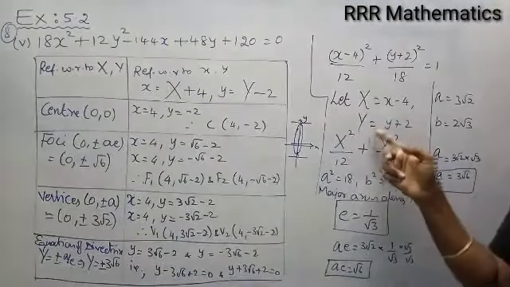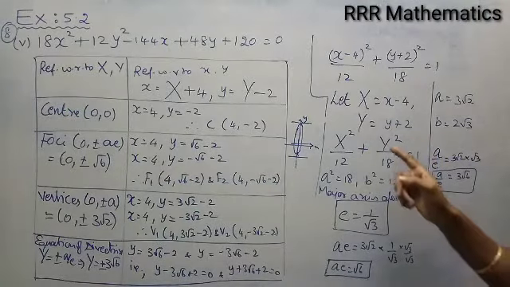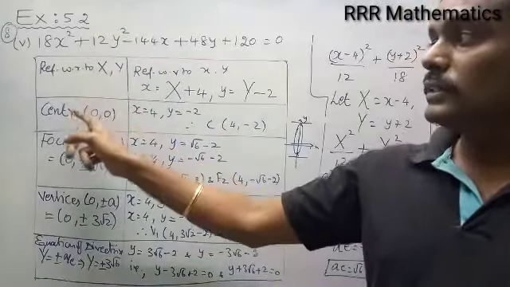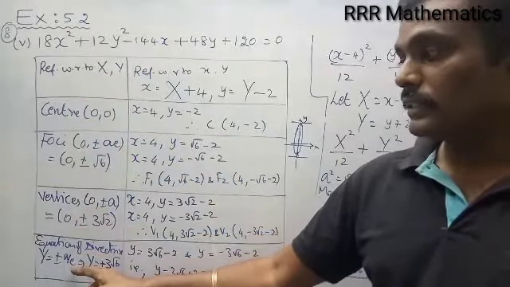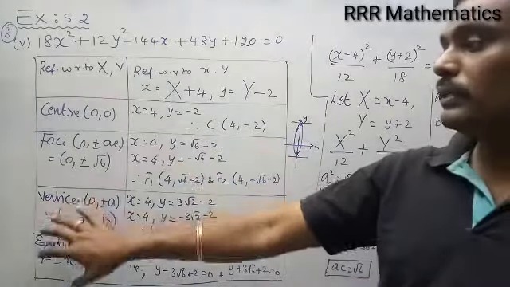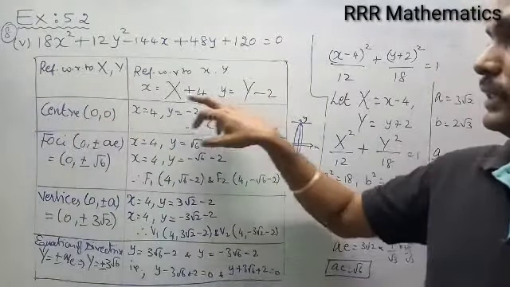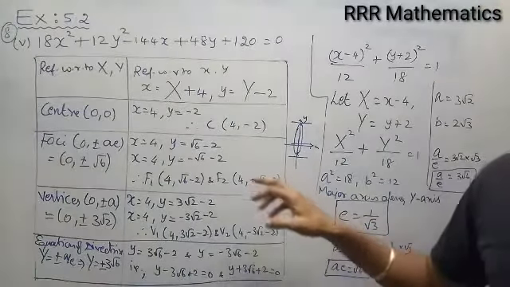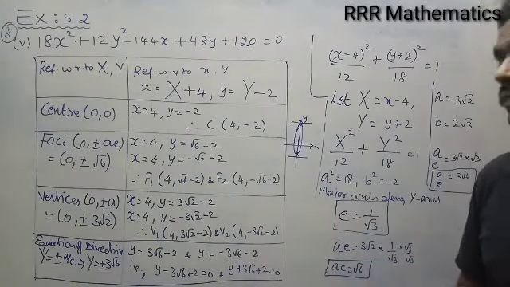So very first, see the question, bring it to standard form. After replacing capital X and capital Y, you will get this one. So with respect to capital X and capital Y, you are preparing a first table which gives the center, foci, vertex, Directrix equation with respect to capital X and capital Y. Just we are replacing all your capital X and capital Y values here in small x and small y. You will get respectively the center, foci, vertex, equation of Directrix.